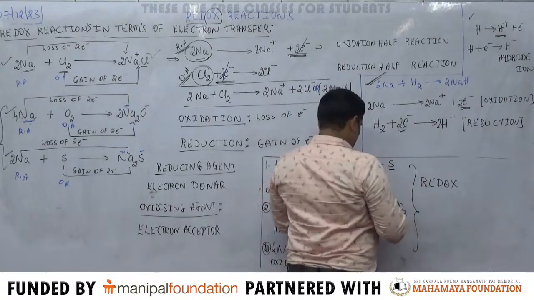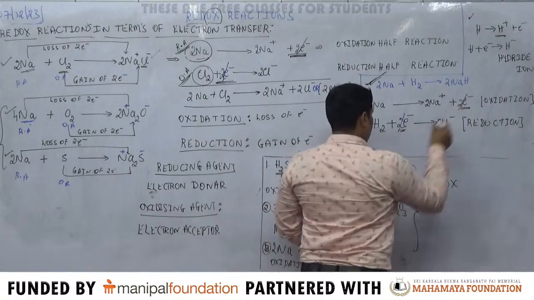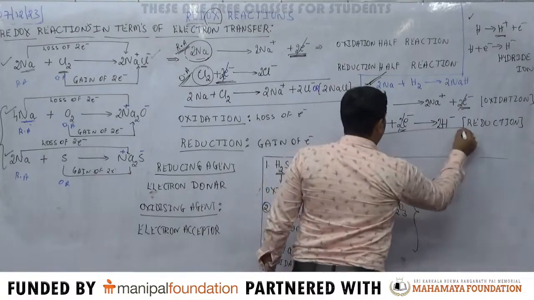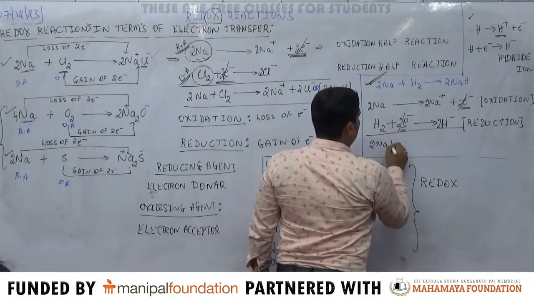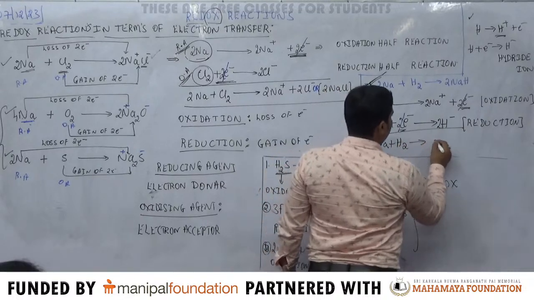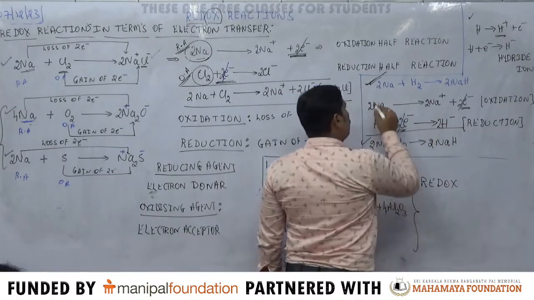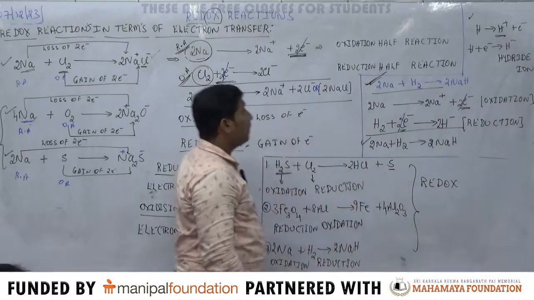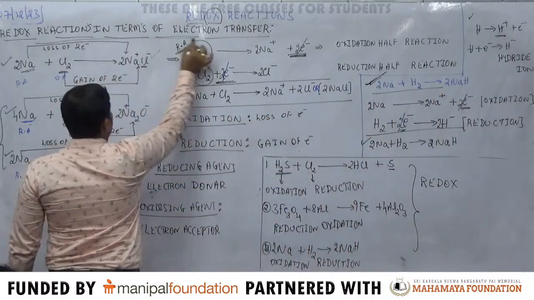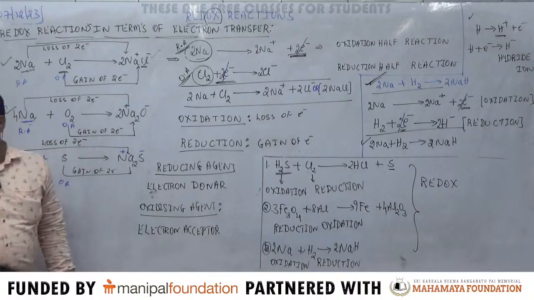Fine. So that the 2 electrons get cancelled, you will get 2Na plus H2 giving 2NaH. We got the overall reaction the same by using this concept of electron transfer.